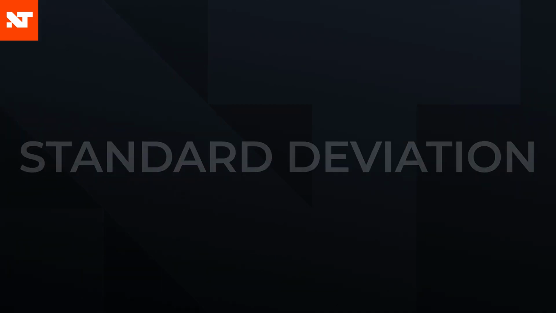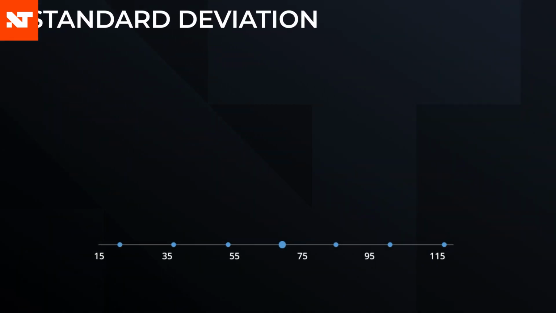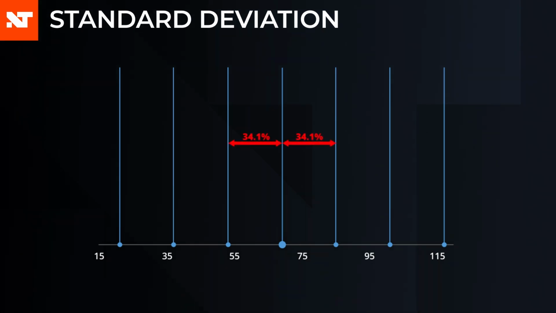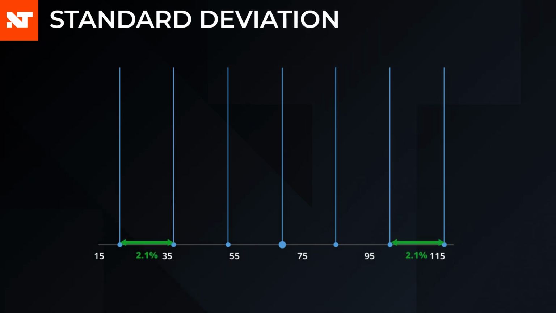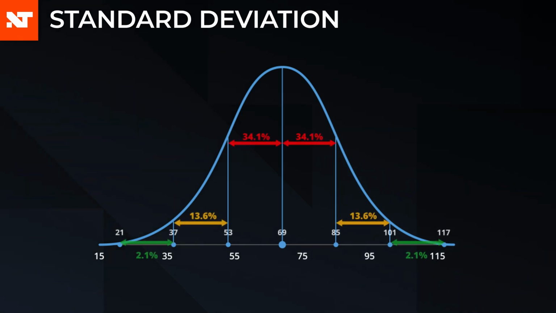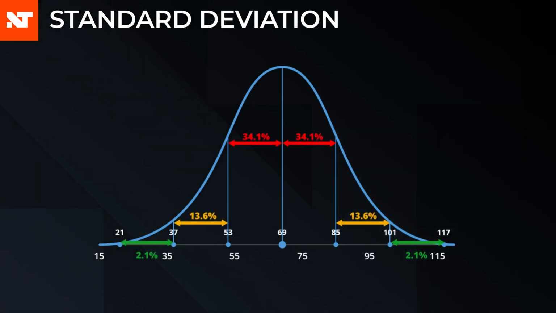Standard deviation. In statistics, standard deviation is a measure of variation in a set of values. A low standard deviation means that the values tend to be close to the mean, while a high standard deviation indicates that the values are spread out over a wider range. Think of a bell curve, with the mean at the top and each value falling somewhere on that curve.